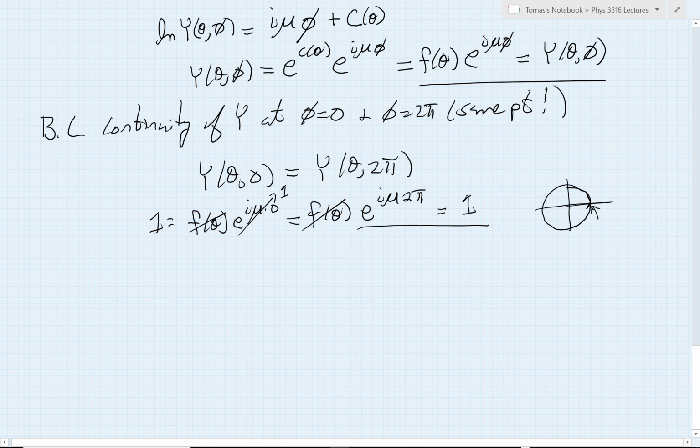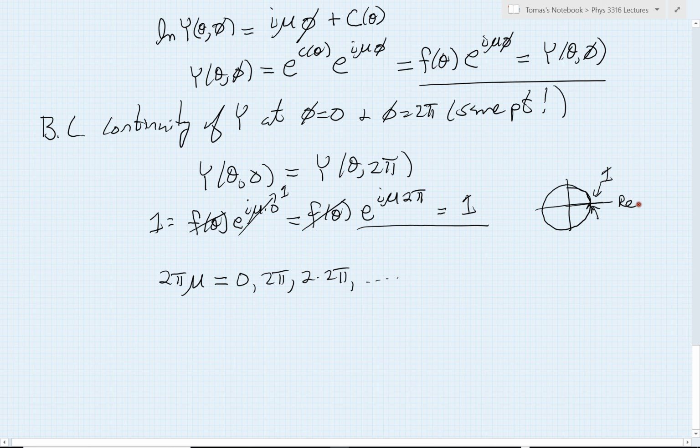And that, of course, will happen when 2 pi times mu is equal to, well, it could be 0, I would be on the axis. Or it could be 1 full trip around, so that could happen at 2 pi, or 2 times 2 pi, etc. All possible integers times 2 pi, and certainly minus 2 pi would take me backwards around my circle, and would still land me on the real number 1.